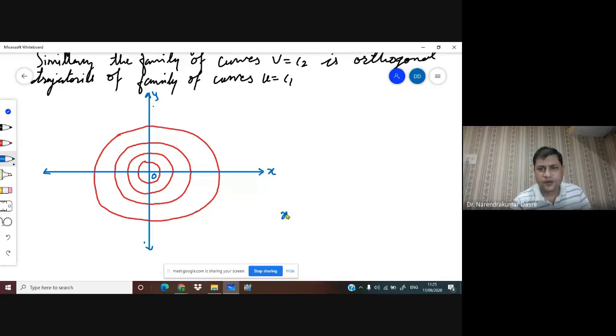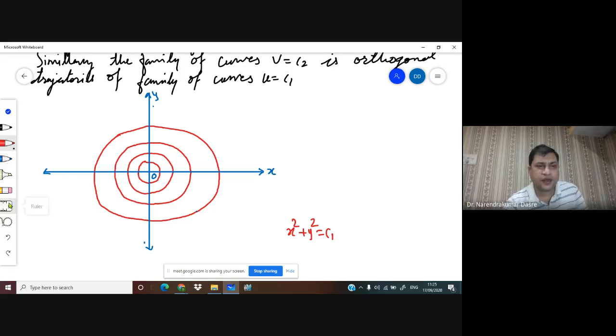It is going to be x square plus y square is equal to c1. So this c1 will decide the square of the radius, and according to that we get these circles. If I put in the c1 value and vary it, I'll get this family of curves.